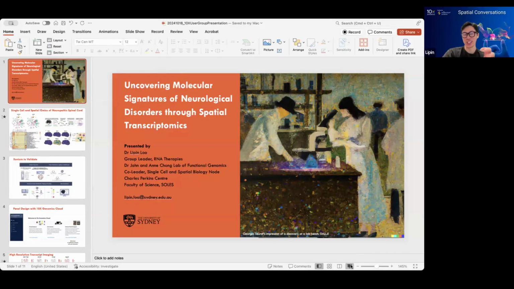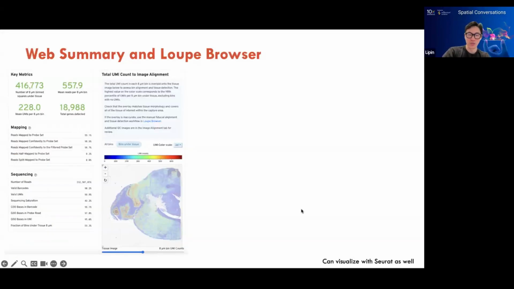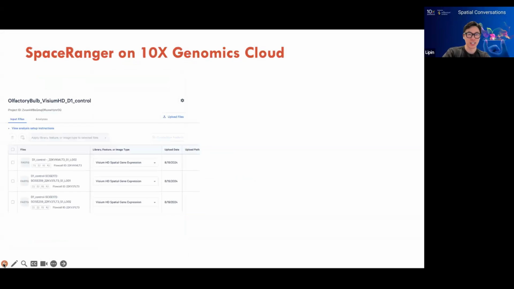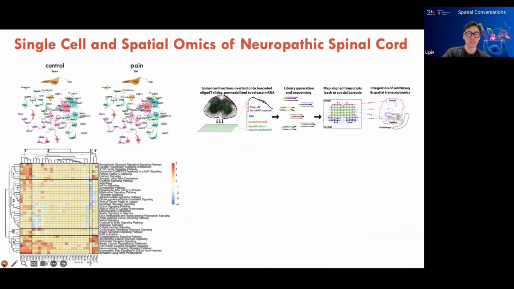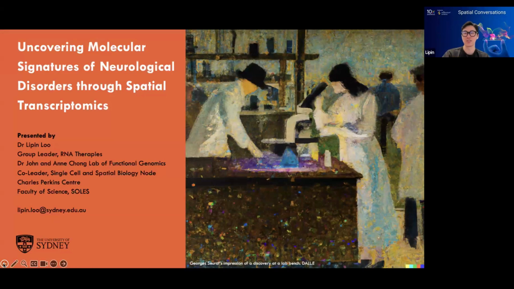I also changed my title a little, because I think for the attendees today, it might not make that much sense to go into chronic pain and neuropathic pain. So I changed it to uncovering molecular signatures of neurological disorders through spatial transcriptomics, because this is a spatial talk.